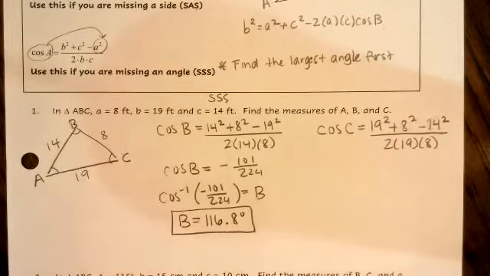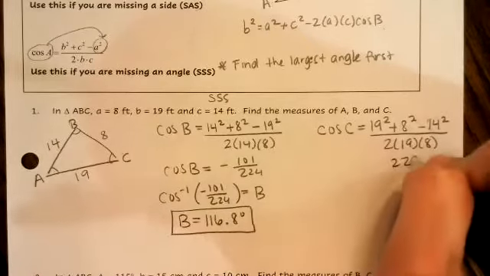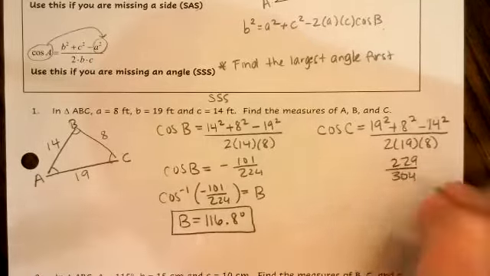And so now we're going to go ahead and put that in our calculator. Remember to hit alpha y equals to get that numerator over denominator. And then we get 19 squared plus 8 squared minus 14 squared over 2 times 19 times 8. And so that gives us 229 over 304.